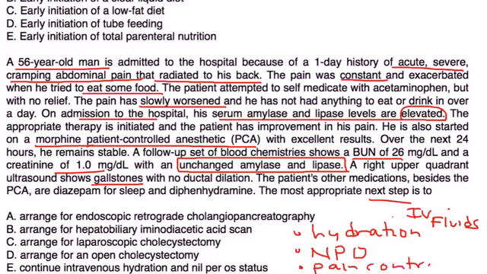And the pain control, he seems to be getting morphine via this patient-controlled anesthetic, but the other two definitely need to be continued. So that would be choice E. And remembering NPO just stands for nil per os. It just means that you don't give anything by mouth. You don't give any oral intake of food or medications.